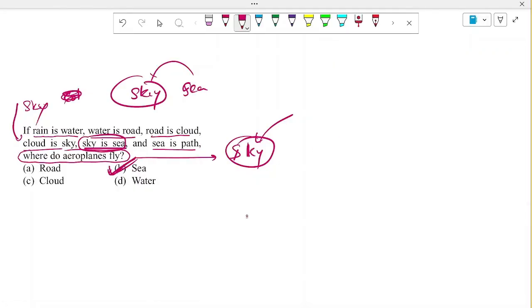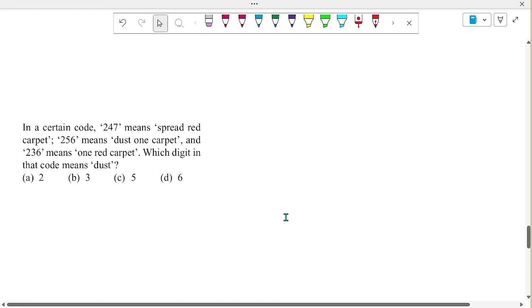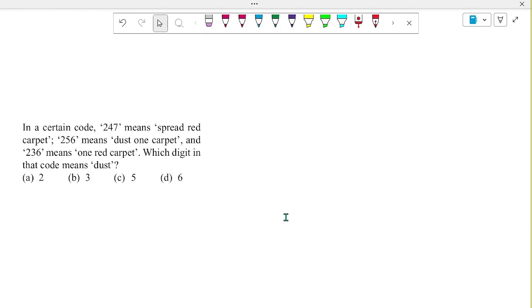Okay, fine. Now see this question. In a certain code, 247 means spread red carpet. 256 is dust one carpet. It is also similar to the previous questions that we solved, where we had some coded words.